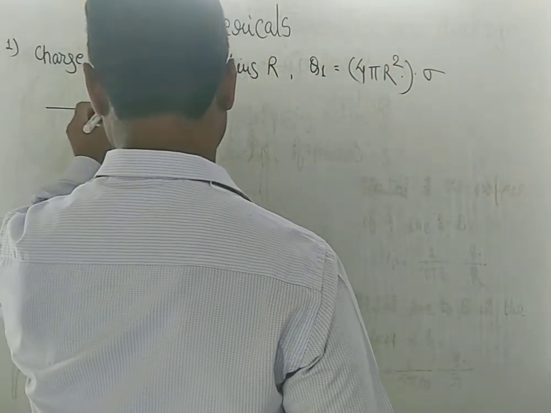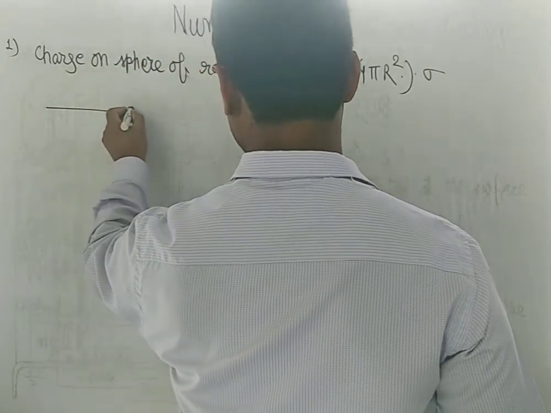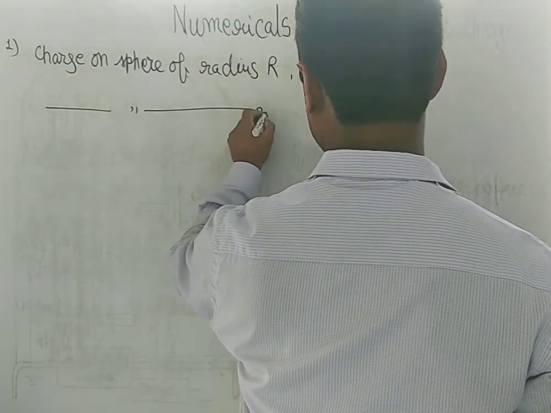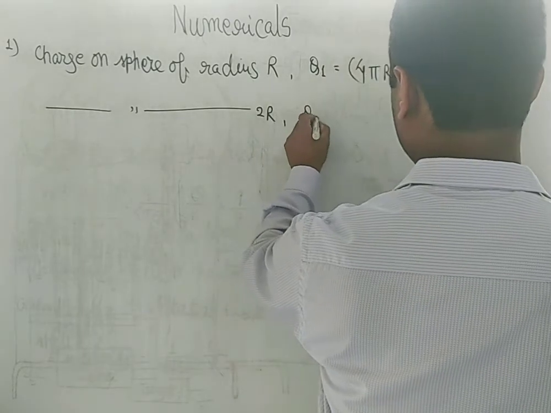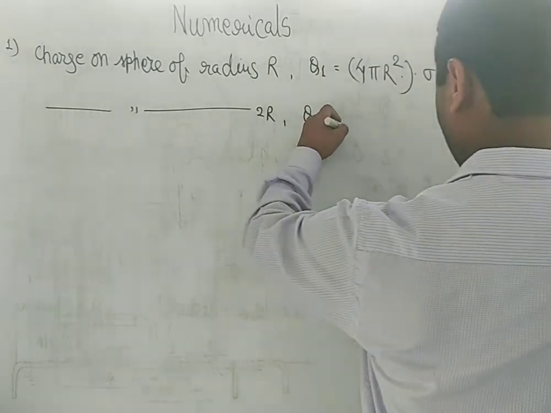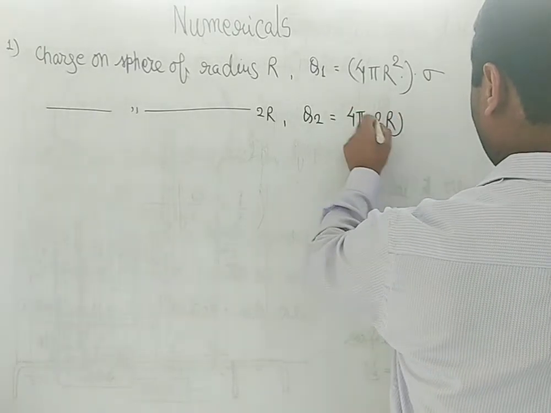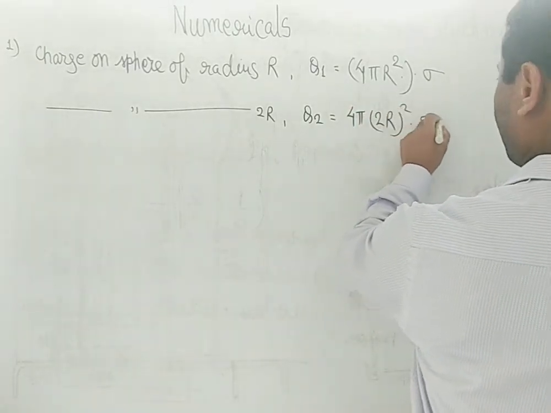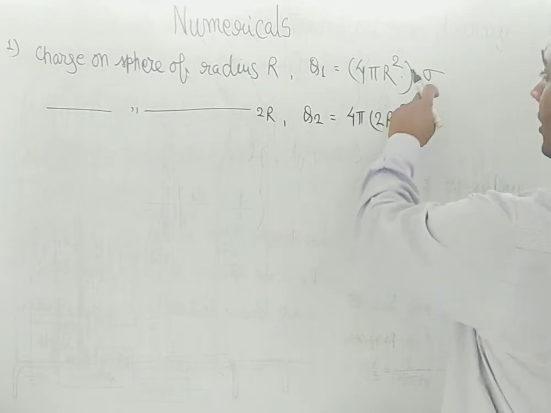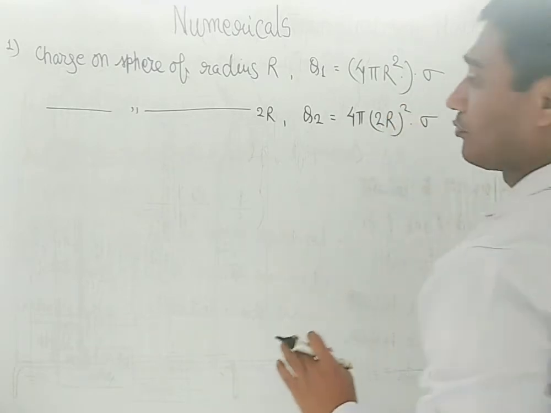Similarly, the charge on the sphere of radius 2R, let me call this Q2, is area 4 pi into (2R) square into surface charge density, which is given in the question as the same.